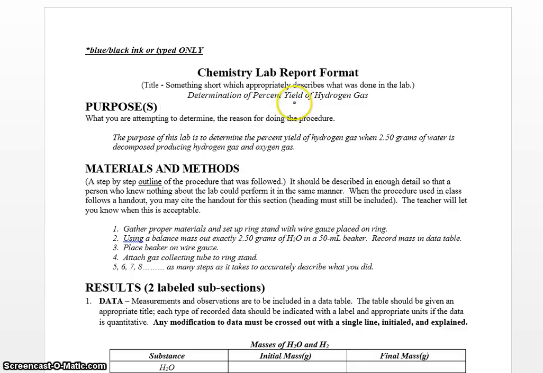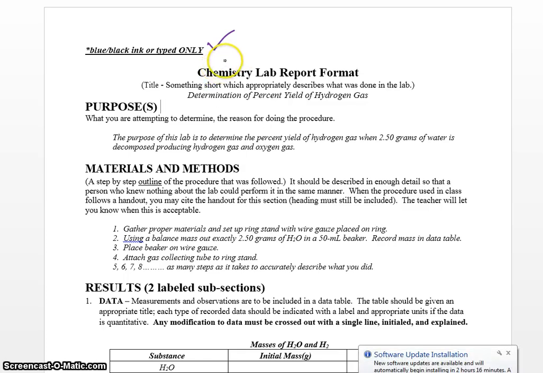They're trying to determine the percent yield of hydrogen gas. A title such as Fun with Hydrogen may be amusing, but it's not appropriate for a title for your report. Again, I want to remind you, your lab report needs to be either done in ink or to be typewritten.